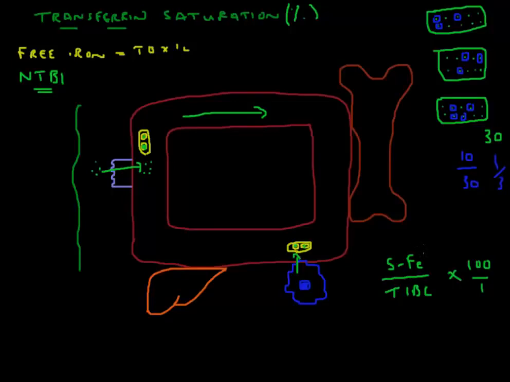Now in iron transport, it's very much the same, except that the transporter that we talked about, which is now transferrin, has 2 seats. But some of these transferrin molecules may have only 1 seat filled, some may have both seats filled, and others may have no seats filled. But if you calculate all the seats that are taken together, one can see here that will give you serum iron.